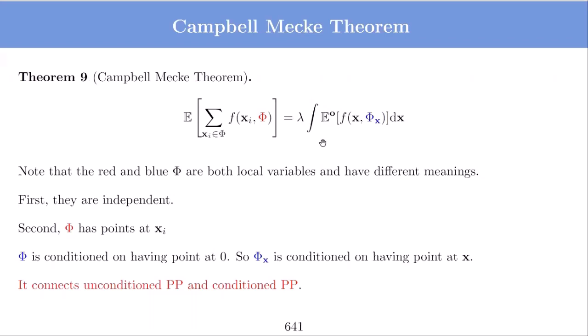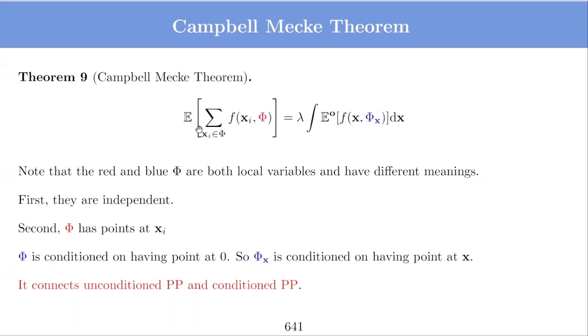Again, notice that the red phi has point xi, while the other phi is conditioned on a point at the origin, so phi x would have a point at x. The red phi is an unconditional point process, but here this is a conditional point process.